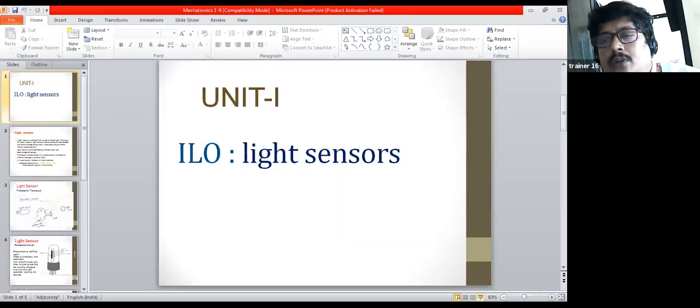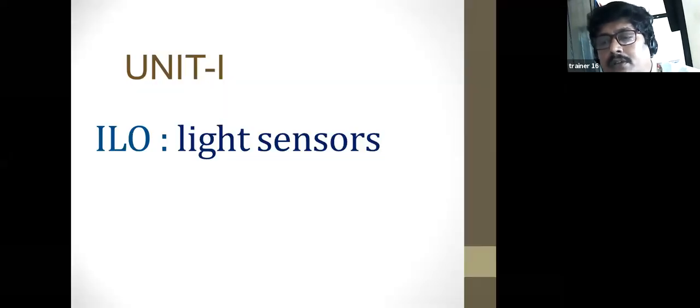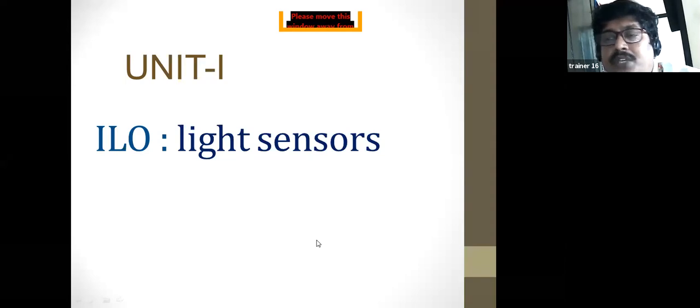Okay, now we will go for a summary of today's class. Light sensor means it detects the light. Another two types are there.